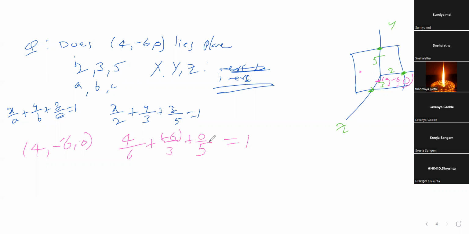What is the value of this? 4/2 minus 2 is 0, which is not equal to 1. So what is the conclusion we can make? This point does not satisfy the equation. Very good.